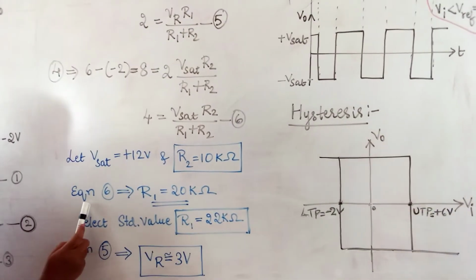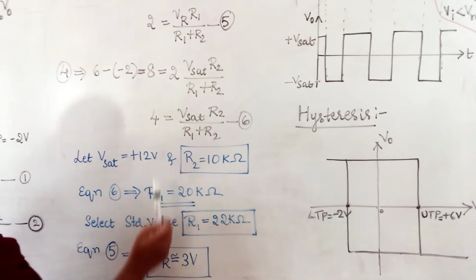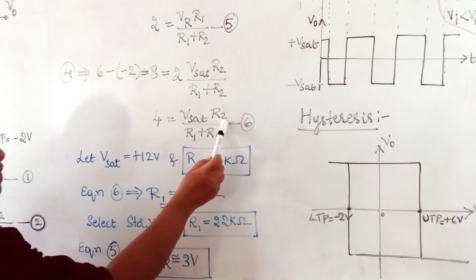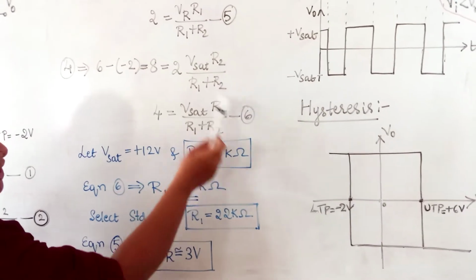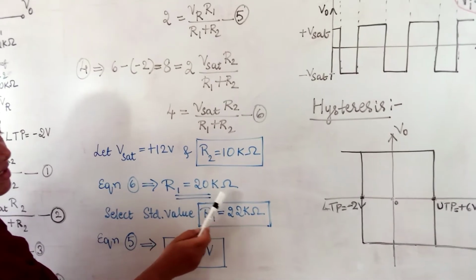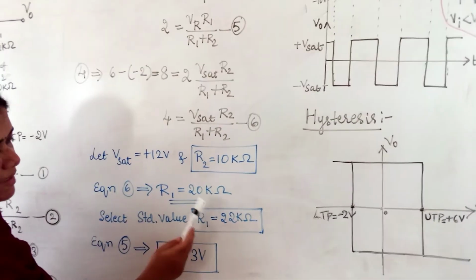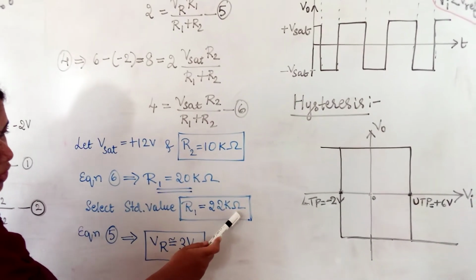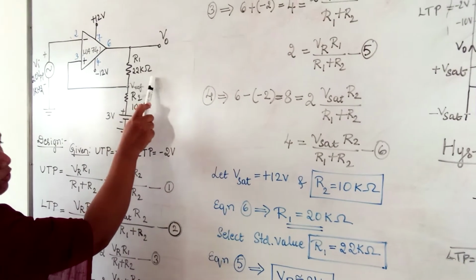Now substitute the values of V sat and R2 here. So 4 equals plus 12 into 10k divided by R1 plus 10k, and simplify this equation for R1. So we get R1 value as 20 kilo ohm, but the standard value available is 22 kilo ohm. So choose R1 equals 22 kilo ohm.